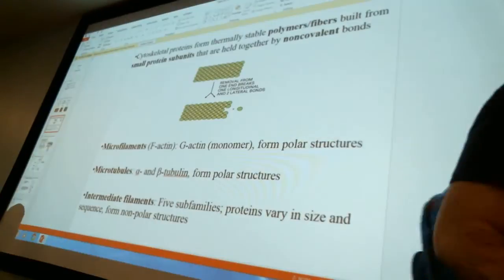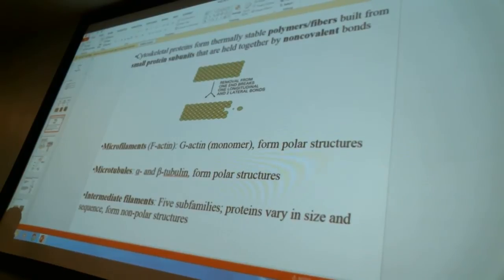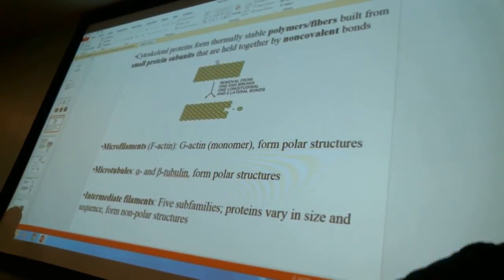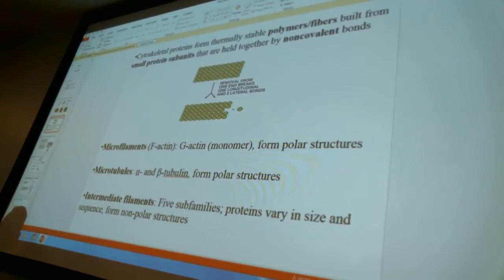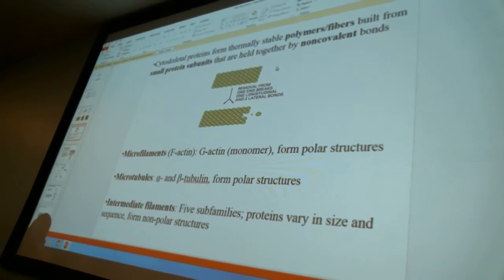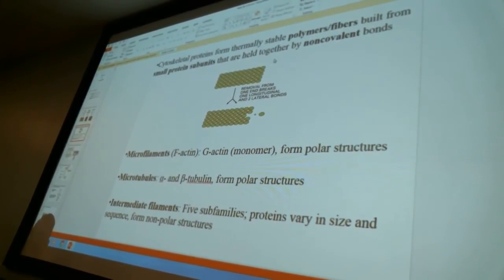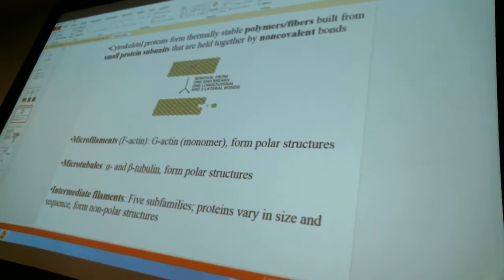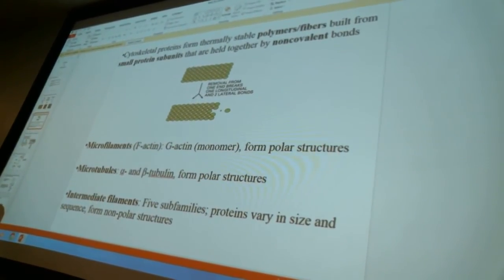So how do the cytoskeletal proteins organize? They usually form very stable multi-subunit polymers, organized into very stable fibers. And if you look at the individual bonds between the individual subunits, they're quite weak. They are non-covalent bonds, right?